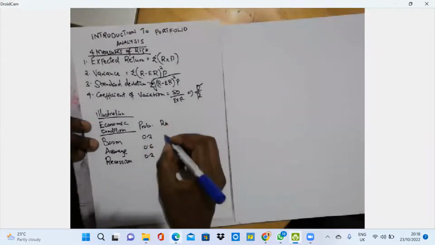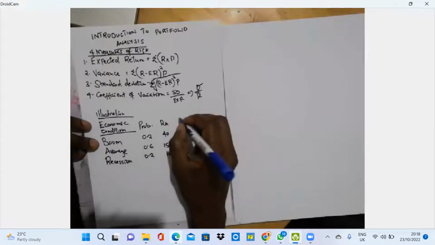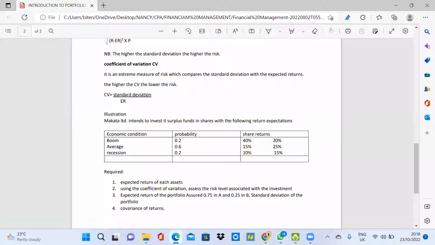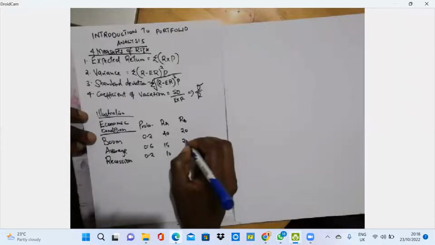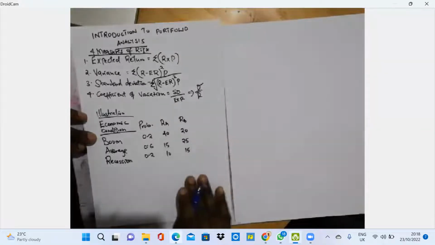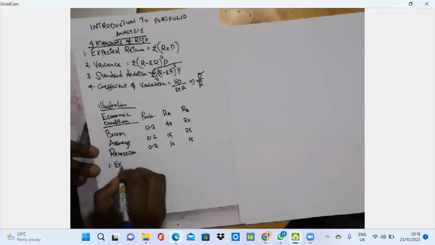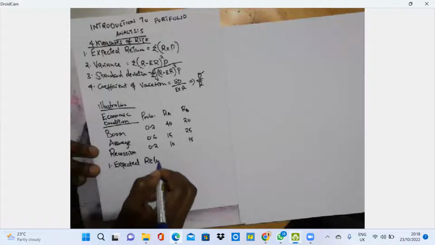Let's say return A, we have 40, 15, and 10, and return B, we have 20, 25, and 15. So the first requirement, we are required to get the expected return.